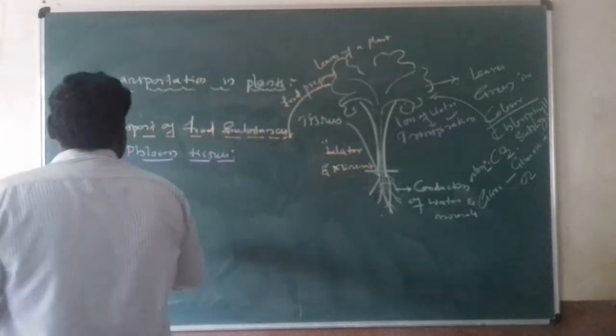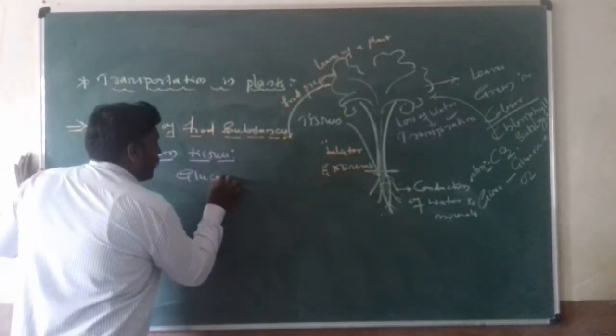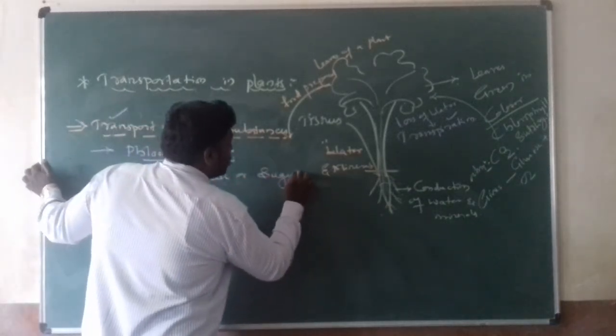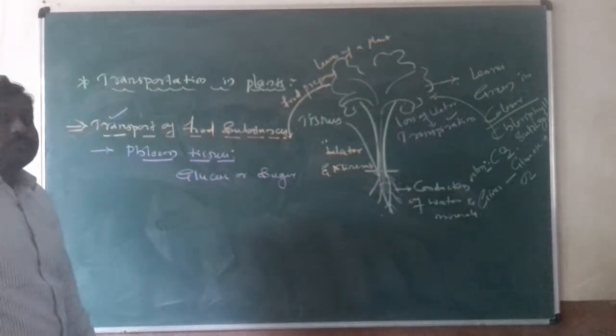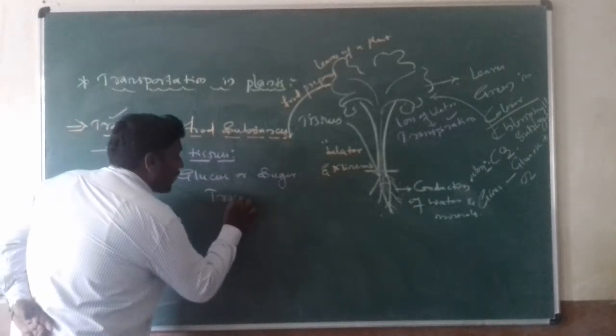What is the food? Food means glucose or sugar, which gets transferred from leaves to other parts of the plant, and this is termed as translocation.